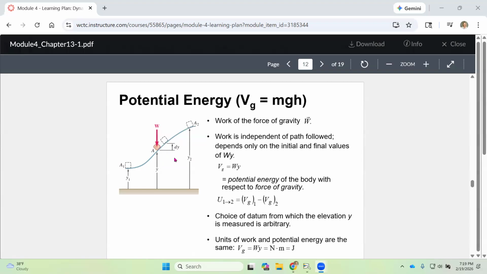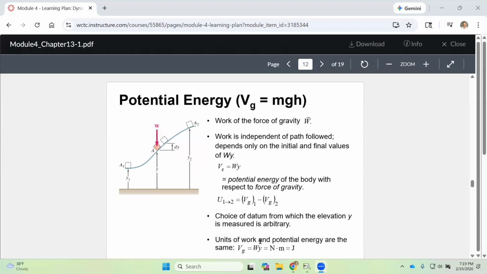Now, does that mean that we lost it completely? No. What it means is that it was converted into something else. And most often, most of that potential energy is converted into kinetic energy because now it's probably speeding up as it's falling. Okay. So it doesn't mean that we lose anything, but that difference constitutes the work that's being done.